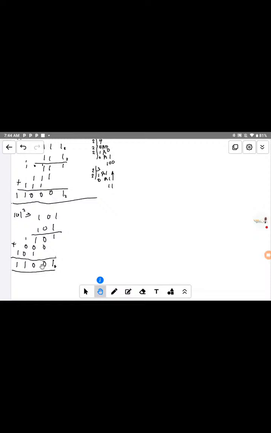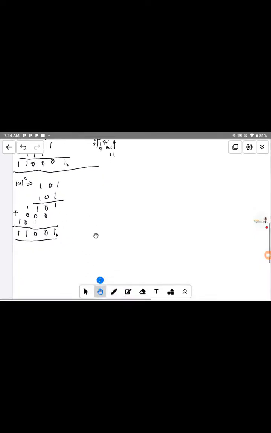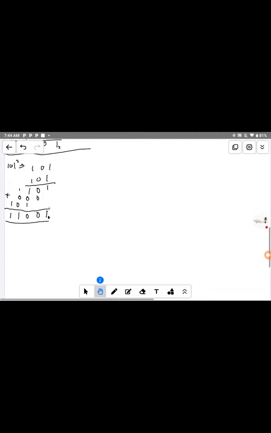I hope you are following. So let's set it out the way it is waiting for us, for better understanding. So we have 1 in base 2 squared minus 101 squared in base 2. This is what we have as the question.